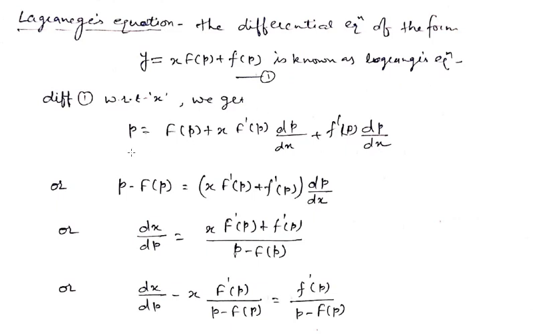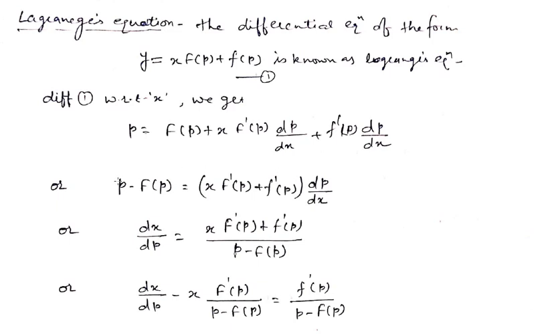Now we shift f(p) into the left hand part, so we get p minus f(p) equals, in the right hand part taking dp upon dx outside from both terms, x f prime p plus g prime p, into dp upon dx.